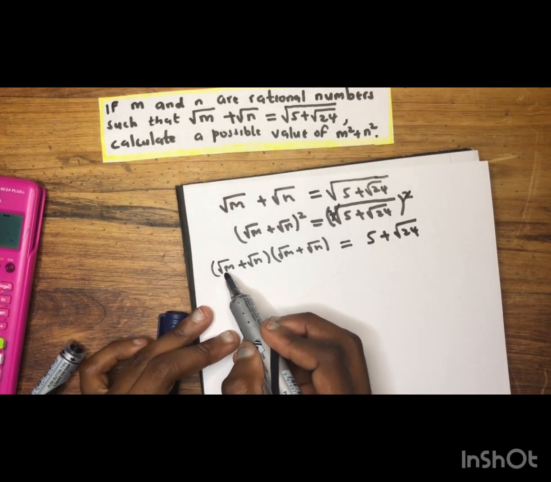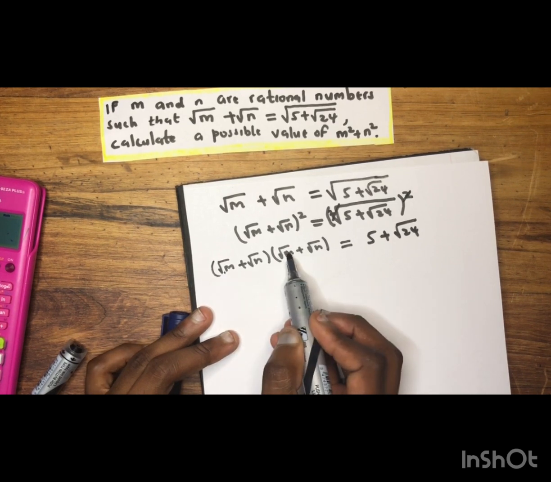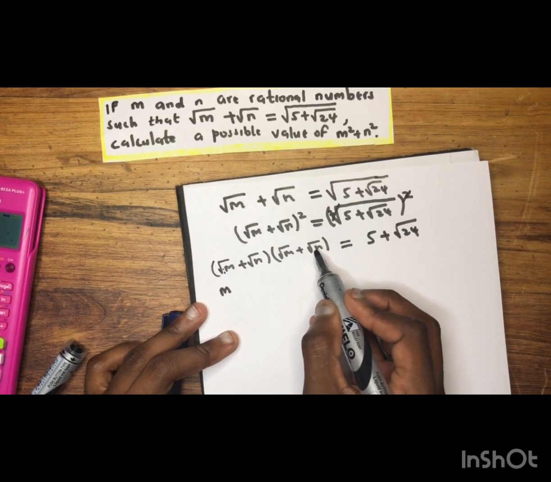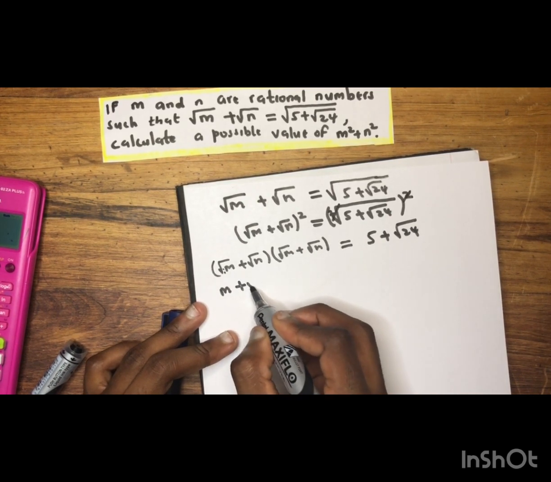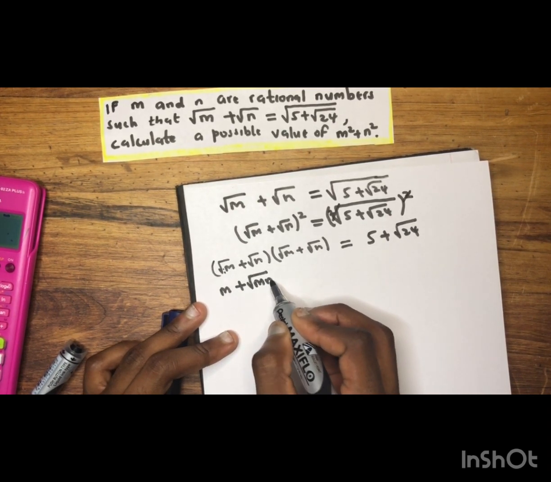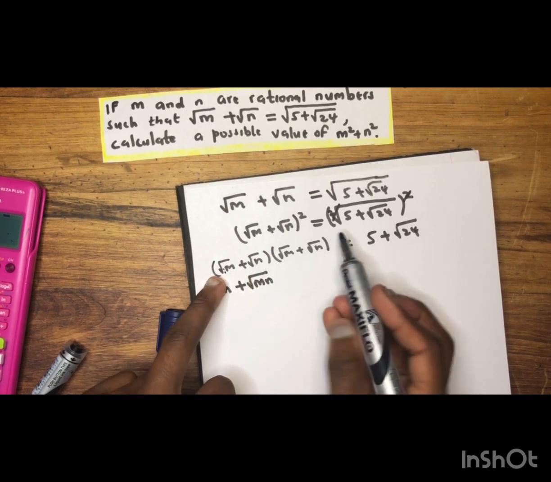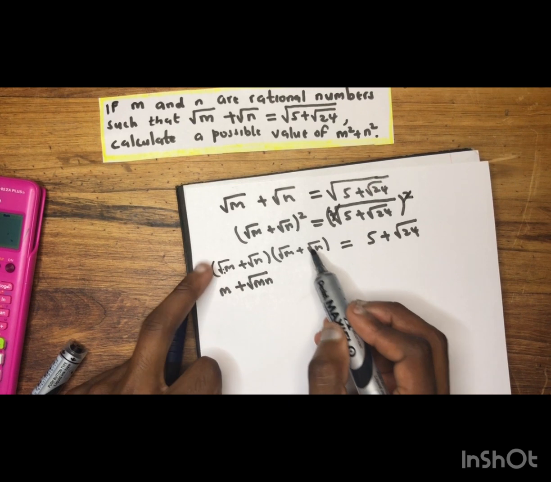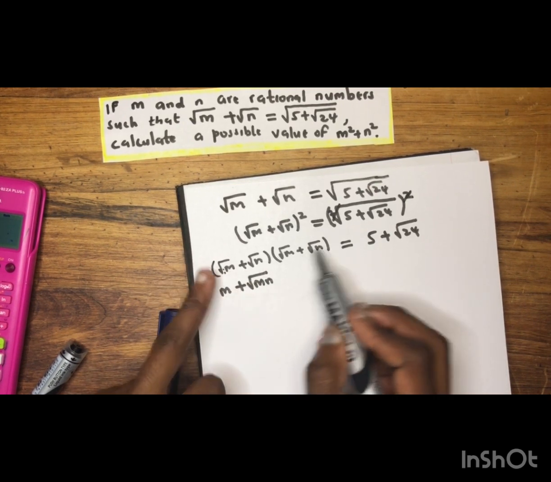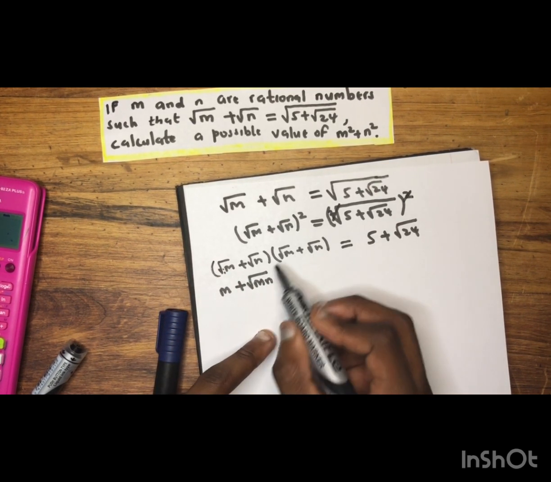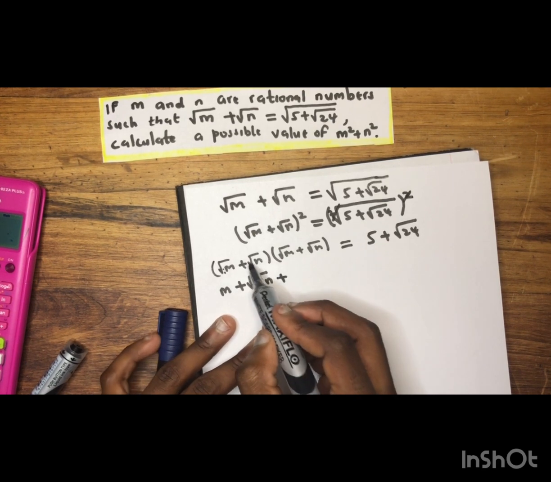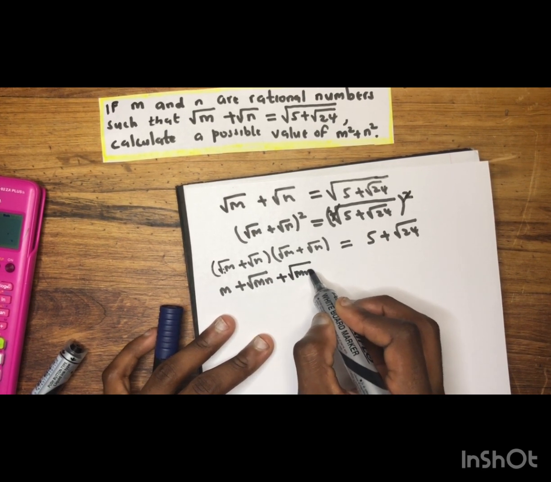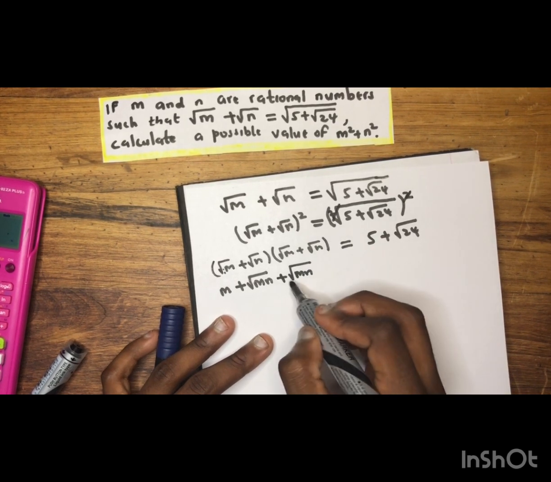Okay, so now root m times root m, what do we get? It's m. Root m times root n, you get root mn, because the laws of exponents says that whenever you are multiplying 2 roots and the roots are the same, you take one root and multiply what you have inside. So then plus root n times root m, you're gonna get root mn.